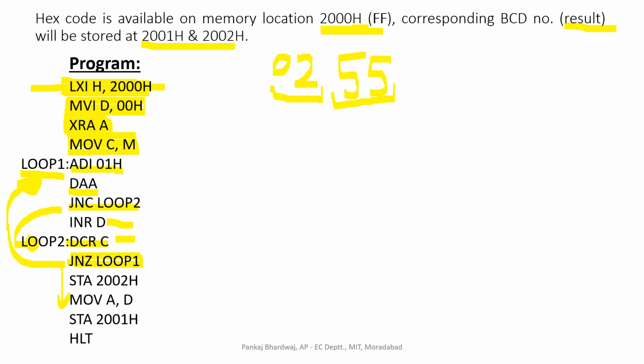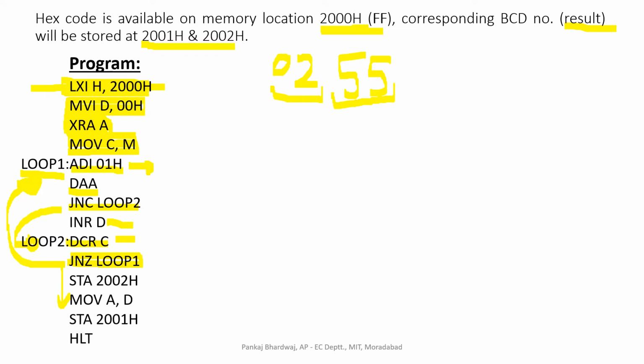So overall, when we use ADI 01, respectively it will get 01, then 02, then 03, then 04, and so on up to 09. And when it comes to 0A, that means DAA adds 6 in the accumulator, that is 0A plus 06, that means 10, that is the single representation of 16.